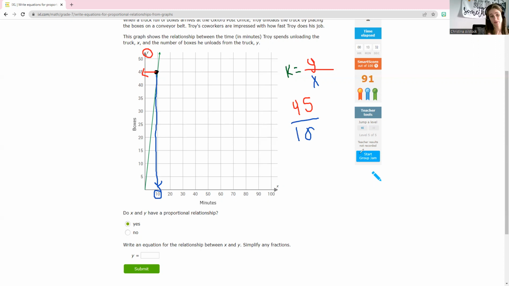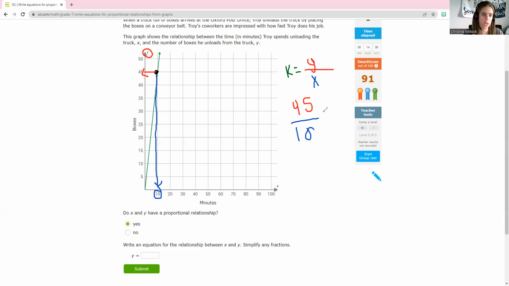Well, 45 divided by 10 doesn't go evenly. And it's not telling us that it's acceptable to write our answer as a decimal, so we need to keep it as a fraction and just simplify. So what is something we can divide both 45 and 10 by? We can divide them both by 5, because remember, if numbers end in 5 or 0, they're divisible by 5.